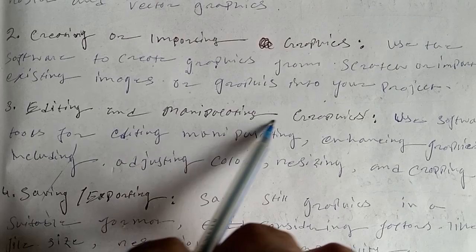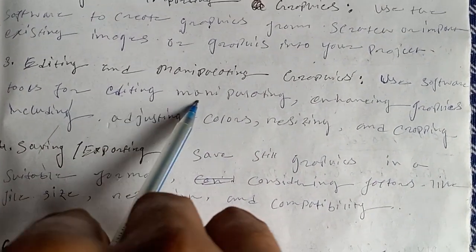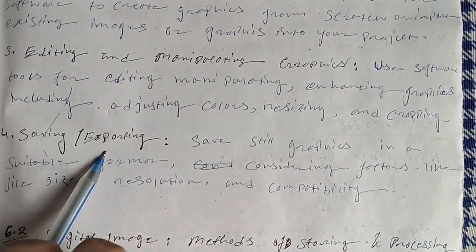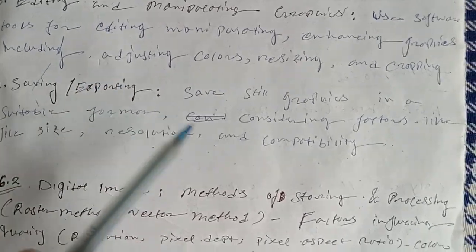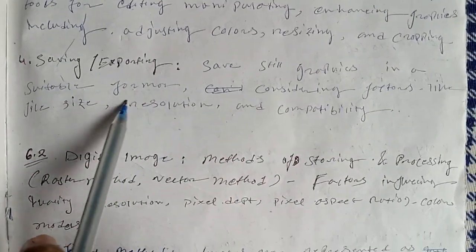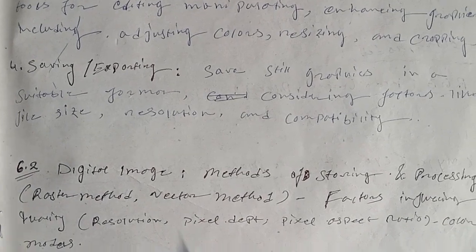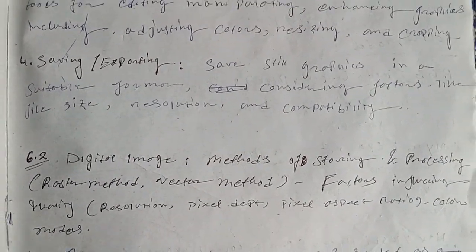Editing and manipulating graphics: use software tools for editing, manipulating, and enhancing graphics, including adjusting colors, resizing, and cropping. And then saving and exporting: save still graphics in a suitable format, considering factors like file size, resolution, and compatibility.